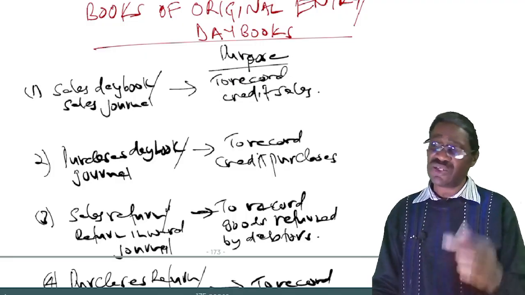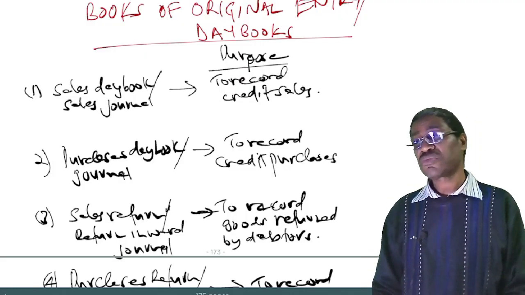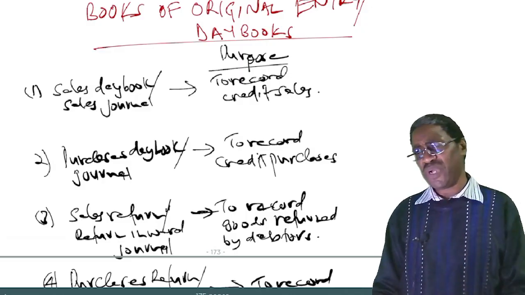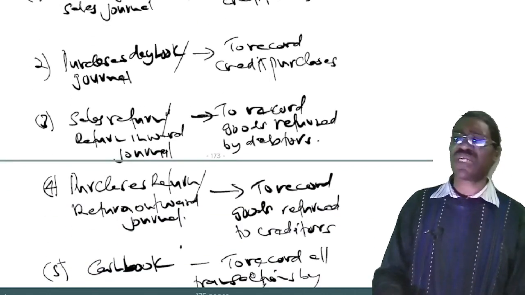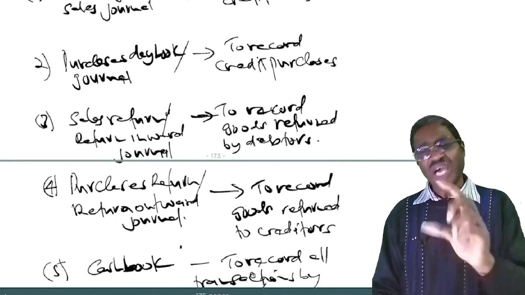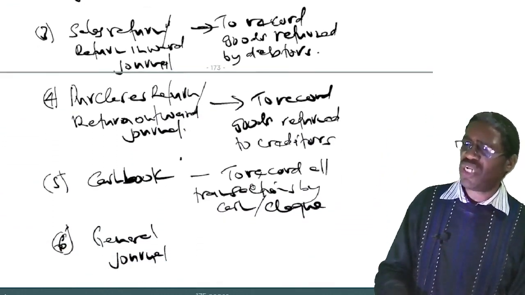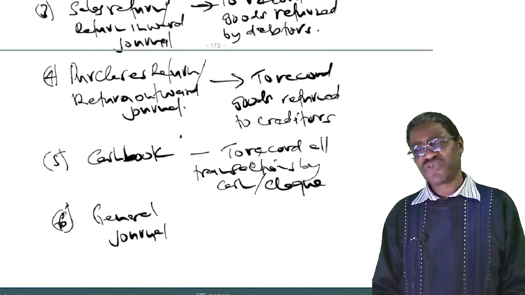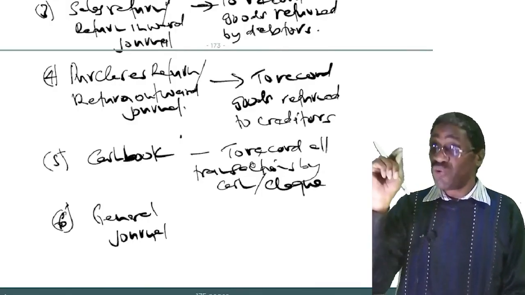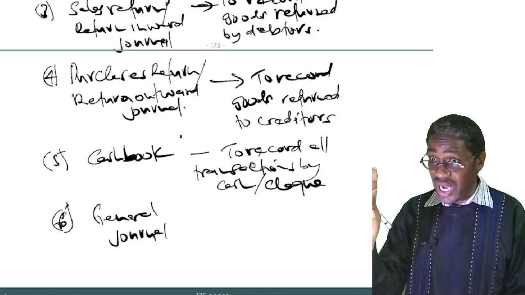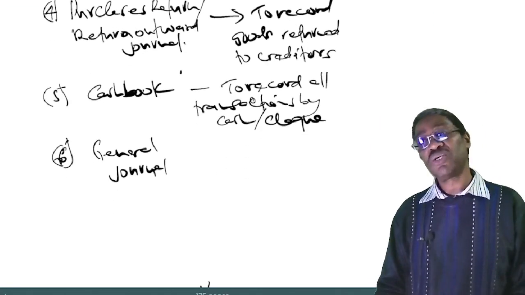Think of a transaction that you cannot record in the sales daybook, the purchases daybook, the sales return daybook, the purchases return daybook, or the cash book. So the first place to record that transaction, before you record it in the accounts, is in the general journal.